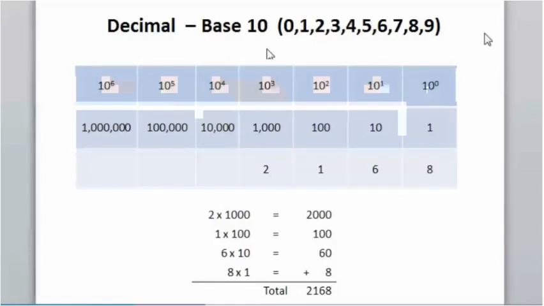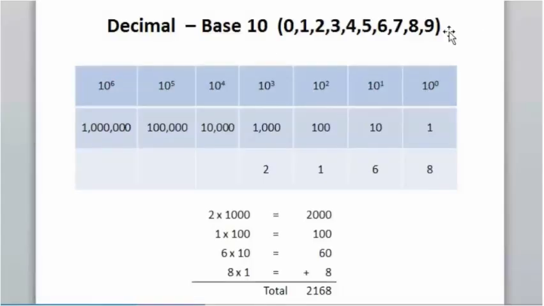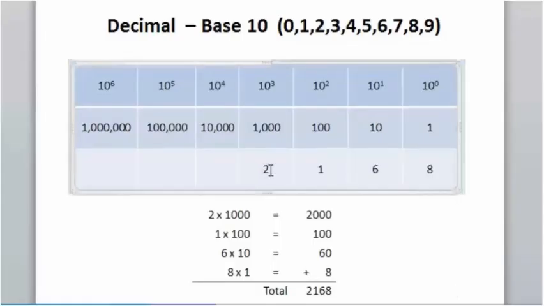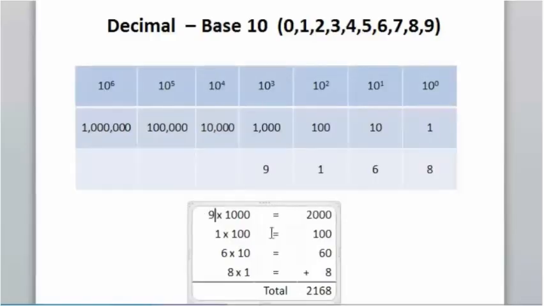In other words, if I had the number 9168, I'd simply replace the 2 here with a 9, and now I have 9 1000s, totaling 9000 in the 1000s place. So in any one of these place values, you can have the number 0 all the way up to 9. This is the base 10 decimal number system.